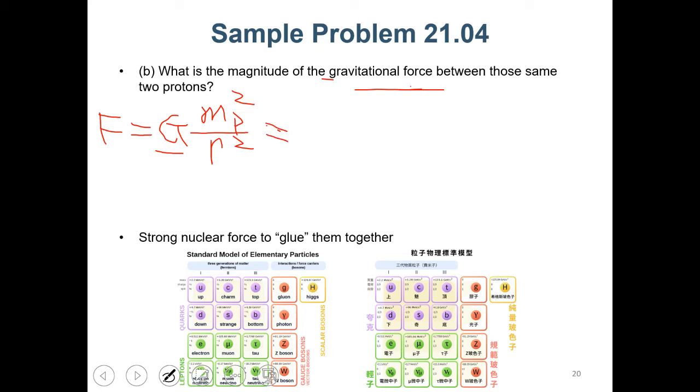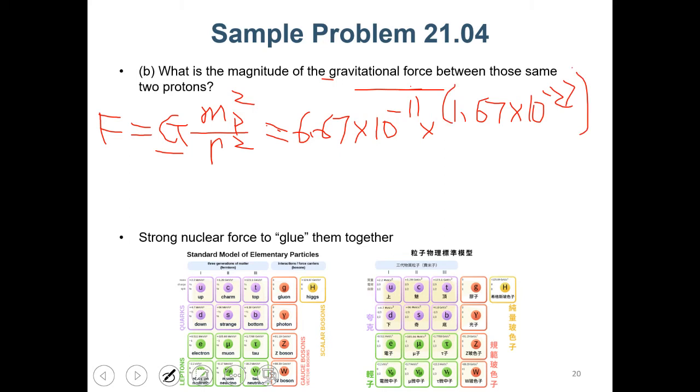So actually this is 6.67 times 10 to the minus 11 times 1.67 times 10 to the minus 27, the mass of a proton, all over 4 times 10 to the minus 15.